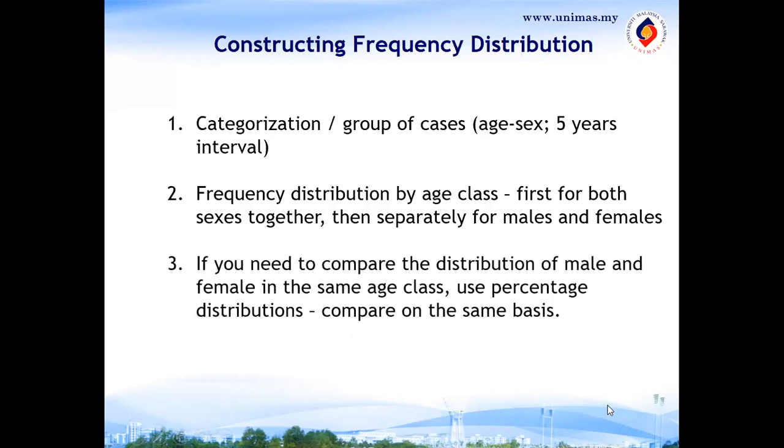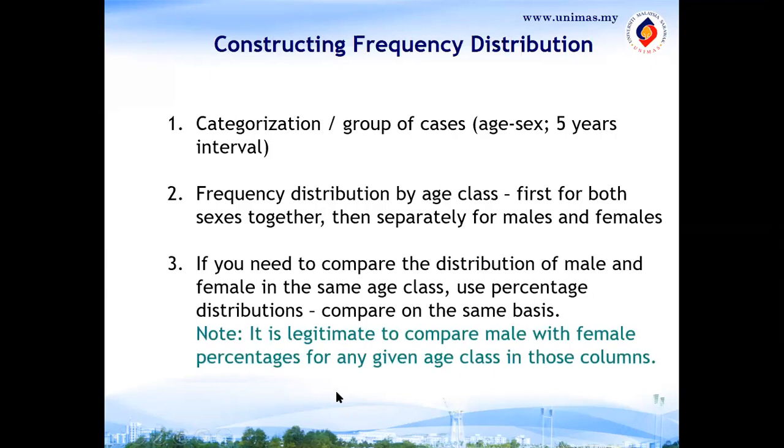And then if you need to compare the distribution of male and female in the same age class, we use a percentage distribution, ya, compare on the same basis tadi lah. Jadi kita gunakan percentage. Okay. It is also interesting that it is legitimate to compare male and female percentage for any given age class in those columns.